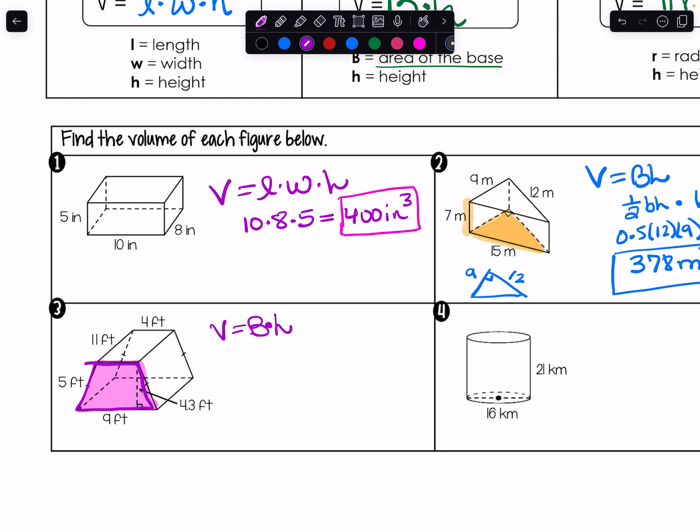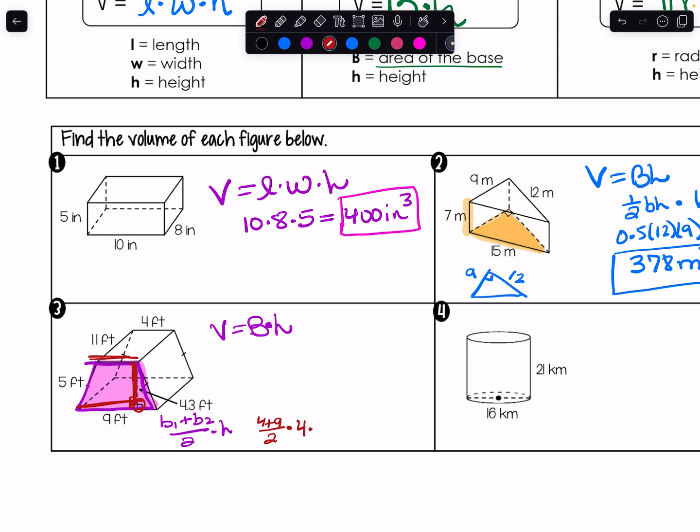Remember, the area of a trapezoid is the average of the bases times the height. The bases of the trapezoid are 4 and 9, so I'm going to do 4 plus 9 divided by 2, and then the distance between those bases. You can always tell by that right angle.